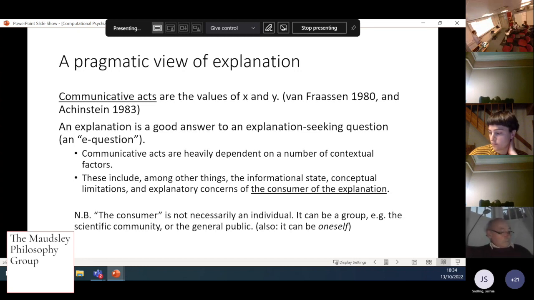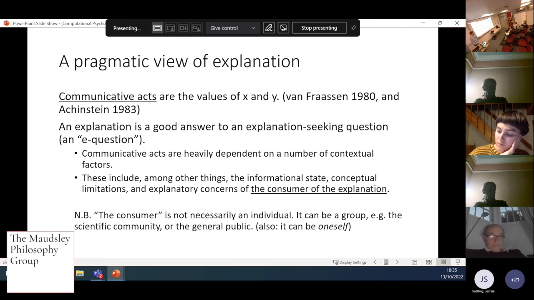These include, among other things, the informational state, conceptual limitations and explanatory concerns of the consumer of the explanation, the recipient of that explanatory communicative act. The consumer is not necessarily an individual; it can be a group, the scientific community or the general public. It can also be oneself. So you can ask a question of yourself and then answer it.